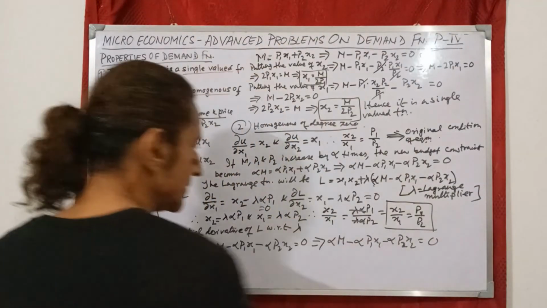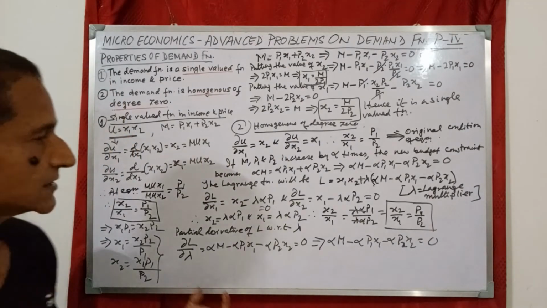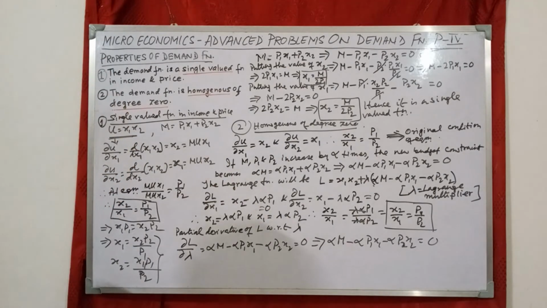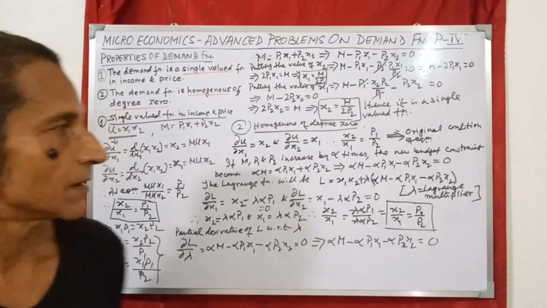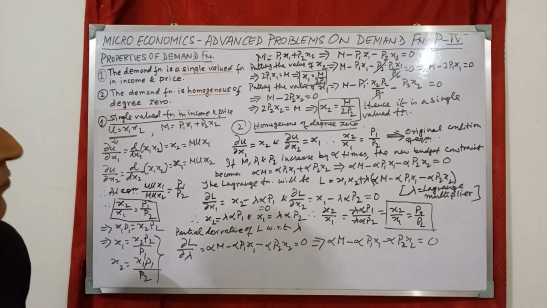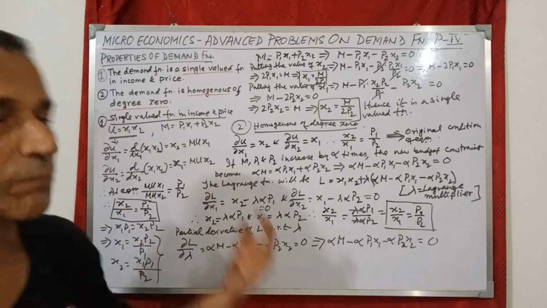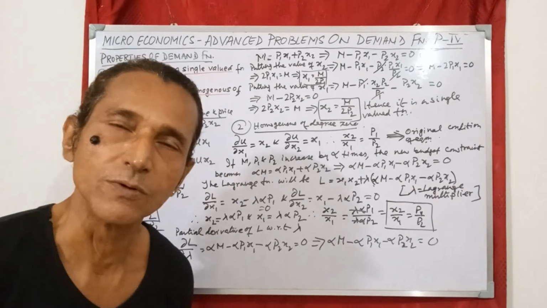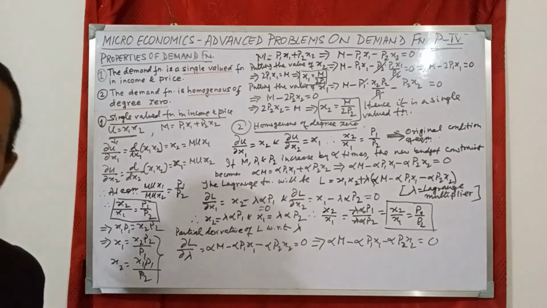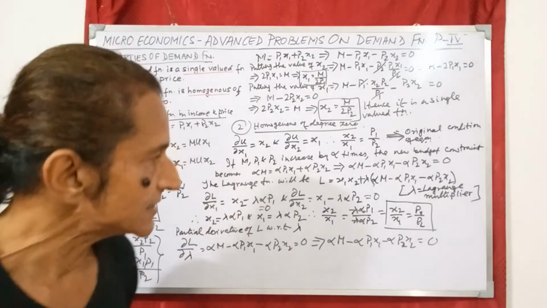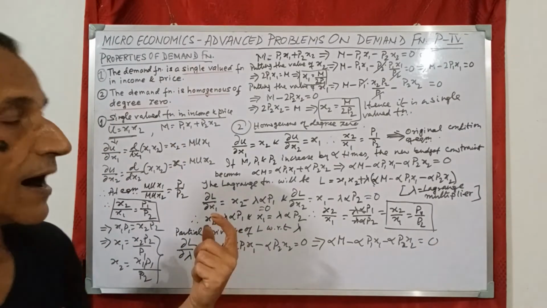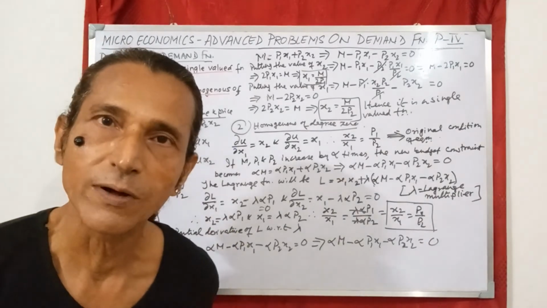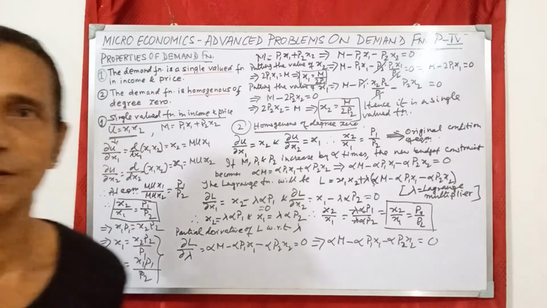So it is clearly seen that the demand function with the set of m, p1 and p2 is derived from the same equation as the set of alpha m, alpha p1 and alpha p2, isn't it?